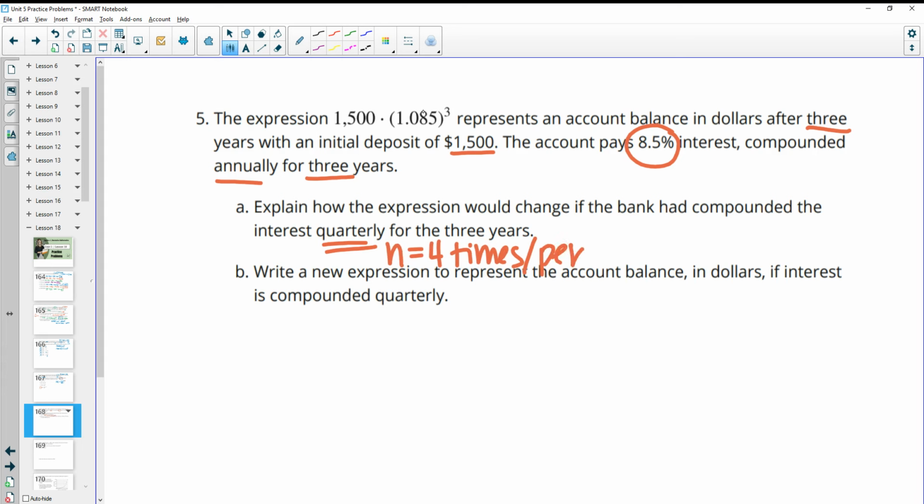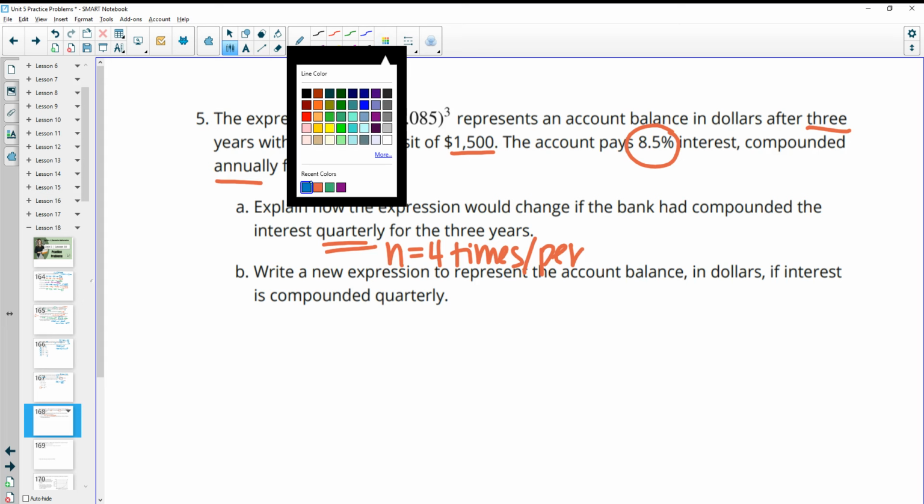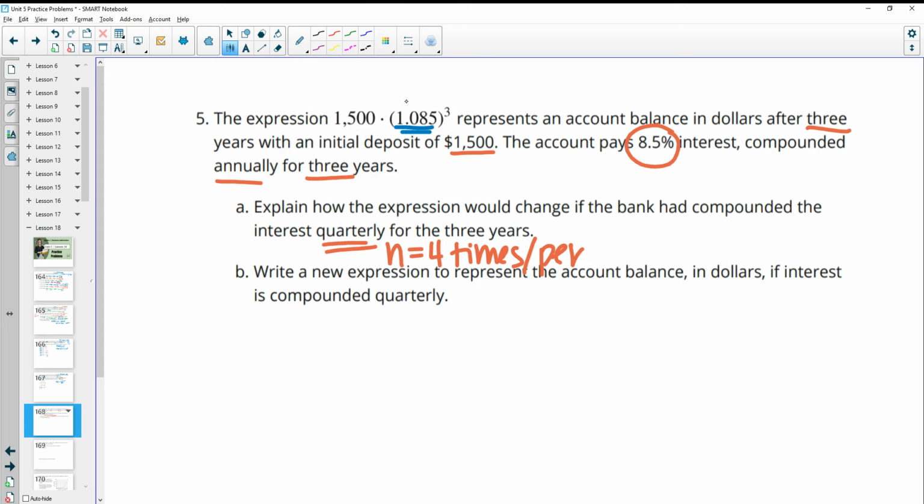So we would want to think about that this 1.085 here really came from 1 plus your interest rate of 8.5%, right? So 0.085. So that's how we ended up with that 1.085.